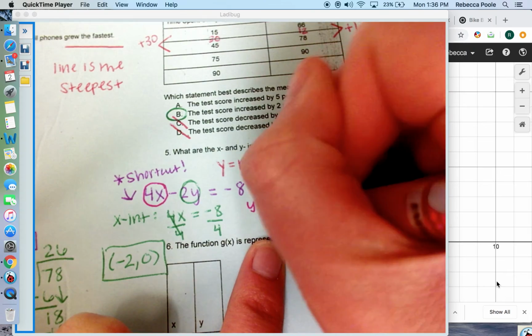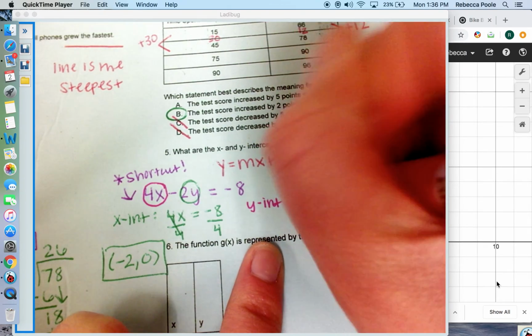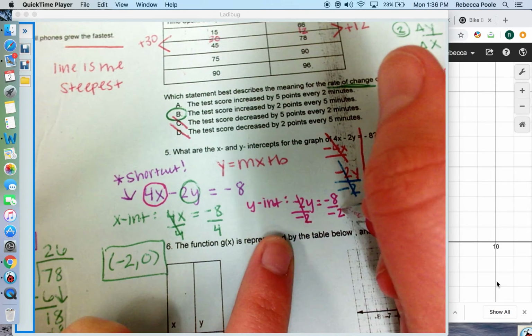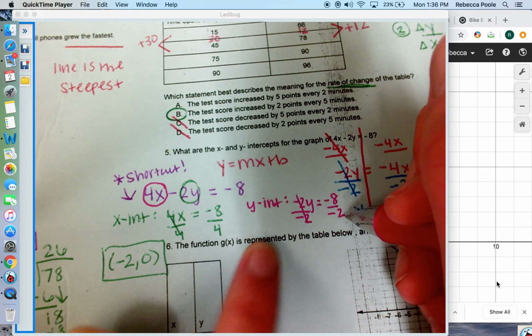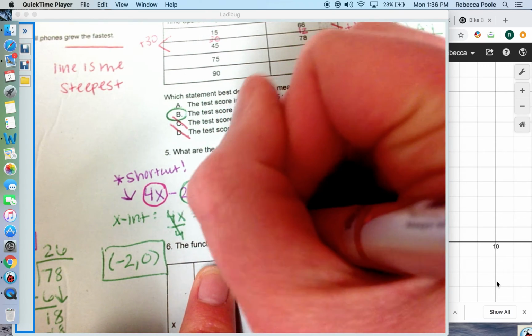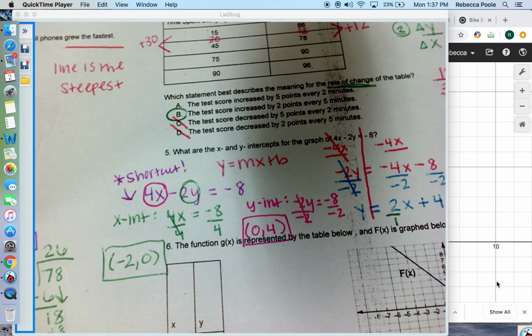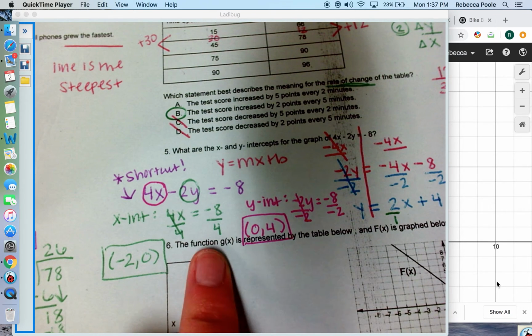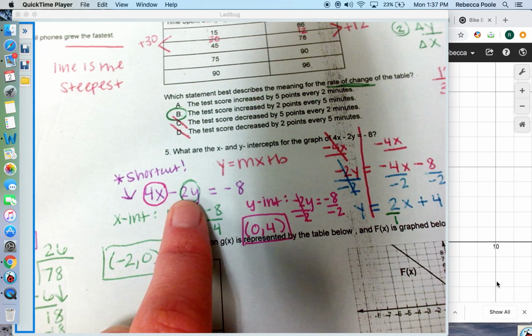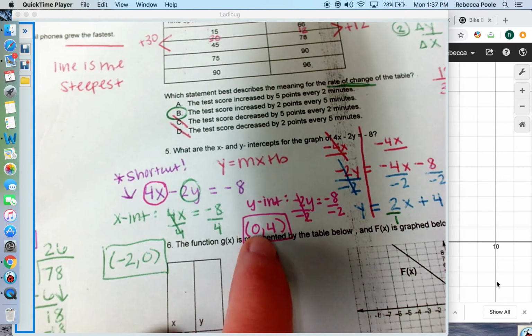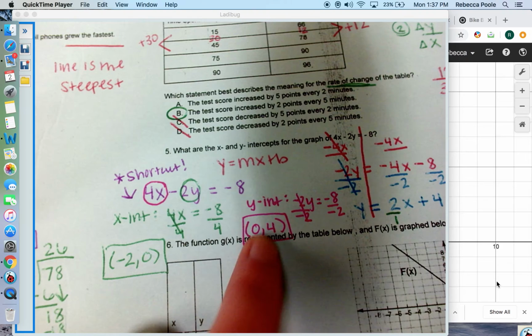And then I can divide by negative 2. Those will cancel. And the y value you get when you do negative 8 divided by negative 2 is a positive 4. And remember, that's the y. So you get the same thing if you do the shortcut method, where you put 0 in for y to find the x-intercept and put 0 in for x to find the y.